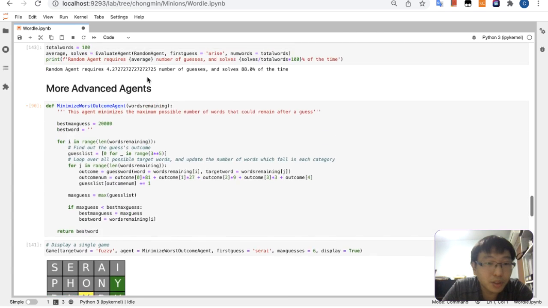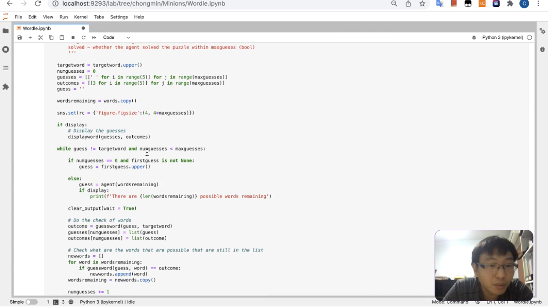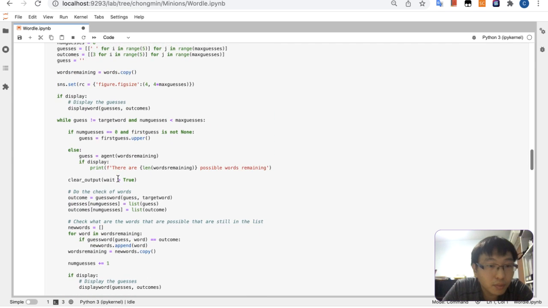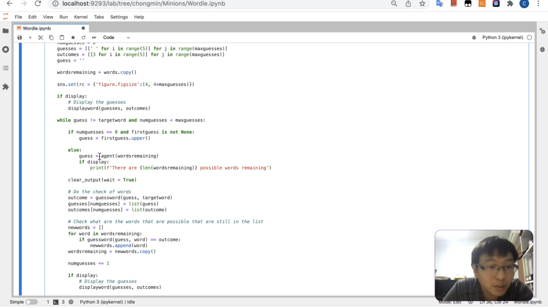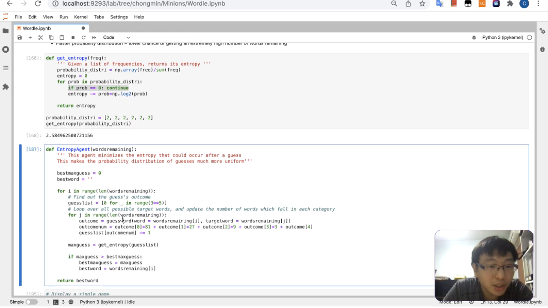I'm just curious, because over here, while guess not equals to target word. Okay, so actually I can incorporate my non hard mode agent here.